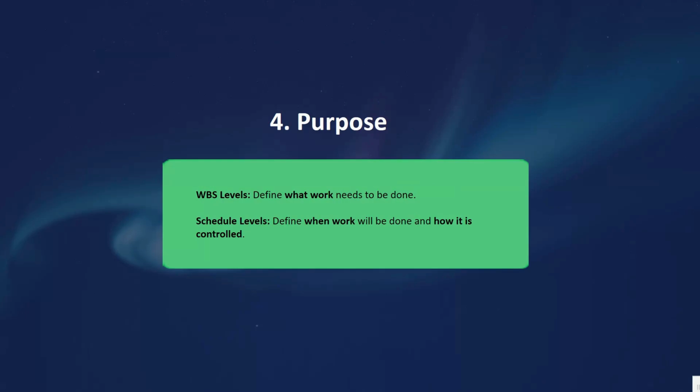After that we have here the purpose. So WBS levels define what work needs to be done. Then schedule levels define when work will be done and how it is controlled. So WBS ensures that no scope is missed and responsibilities are clear. And then scheduling ensures that all the scope is executed in the right sequence within the right time frame.